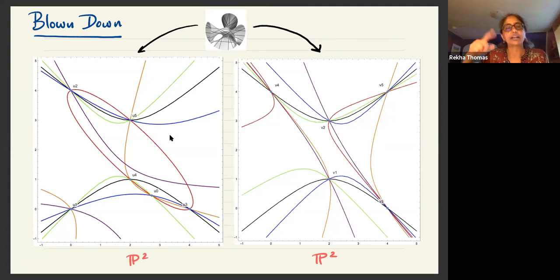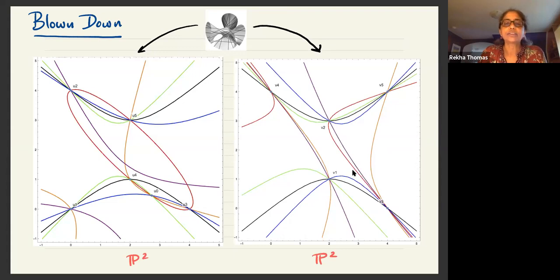So they map to conics that go through all the U points except one. So for example, the V1 line will map to the conic that goes through all the U points except U1. Okay, so the lines map to conics, and similarly on the other side, if you blow down the other way, the V lines map to points and the U lines map to conics.